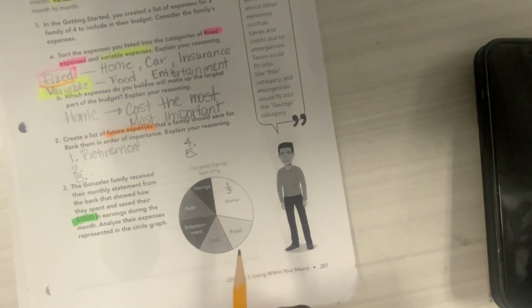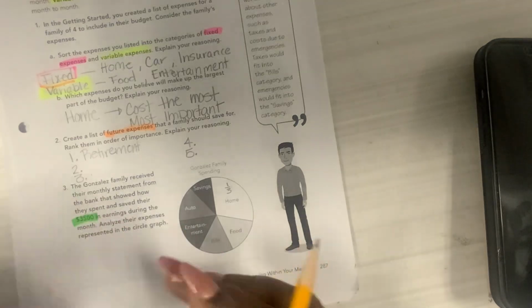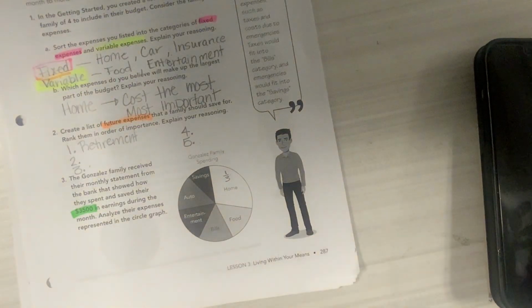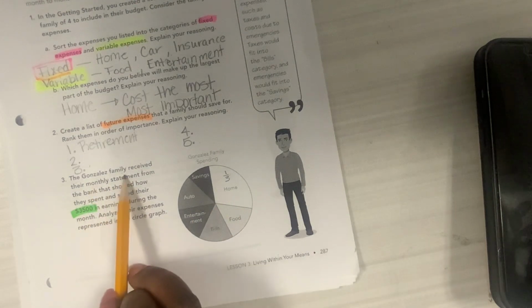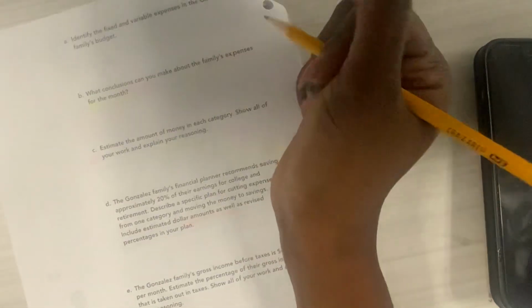Also, I have some pieces for you to use in the classroom. So if you ask for them, I can let you use those so that you can match these up and see what fraction of this budget the Gonzalez family is spending. Let's turn the page. You can pause if you need to figure out that activity.